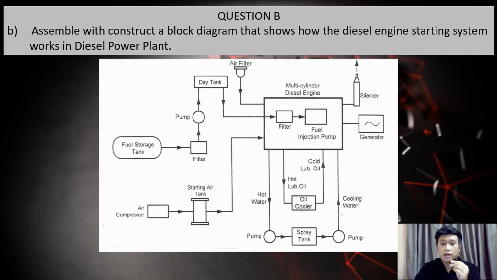The air and the fuel are mixed inside the engine and the charge is ignited due to the high compression inside the engine cylinder. The basic principle in a diesel engine is that the thermal energy is converted into mechanical energy, and this mechanical energy is converted into electrical energy to produce power by using a generator or alternator.